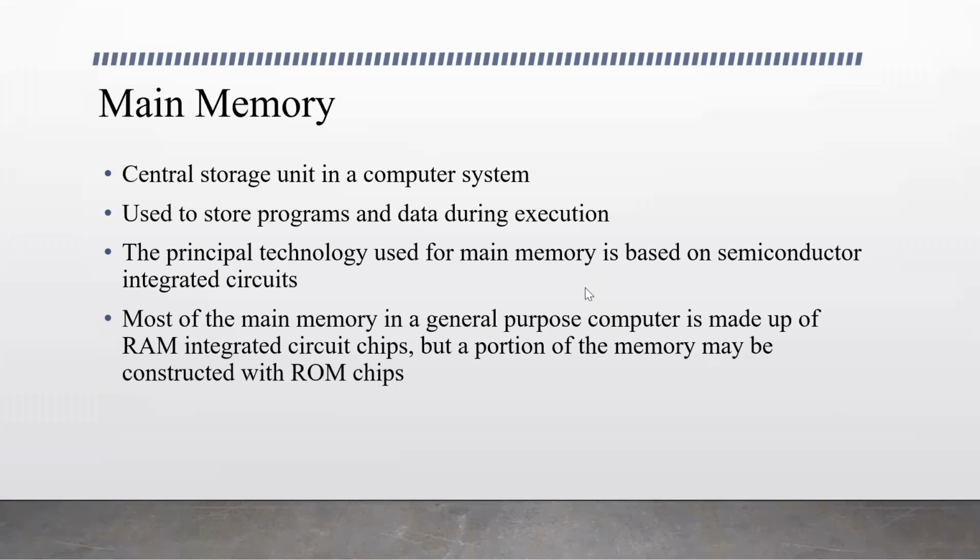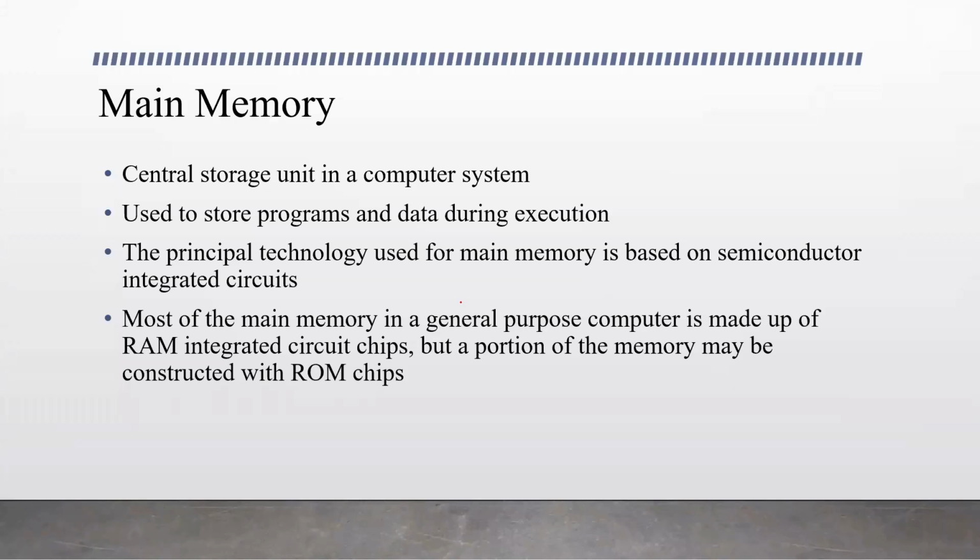For the CPU to execute programs, the programs and the data required for processing need to be stored in main memory. The principal technology used for main memory is based on semiconductor integrated circuits. Integrated circuit chips are used to construct the main memory.